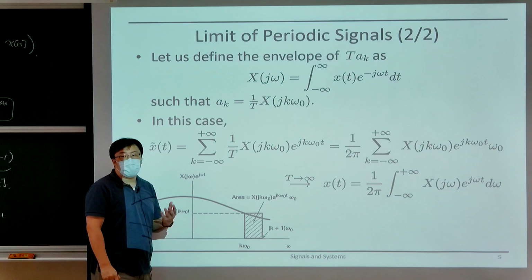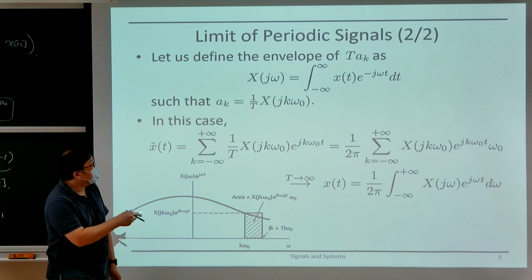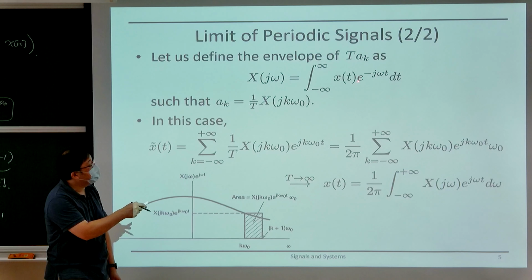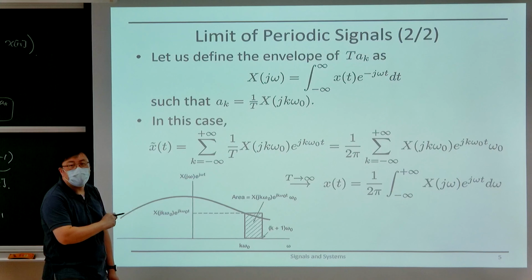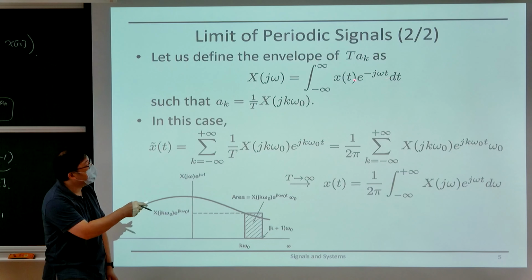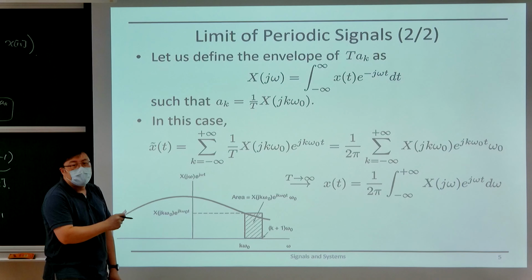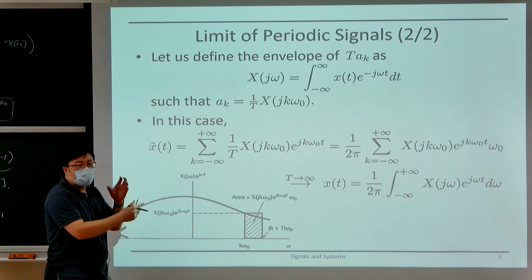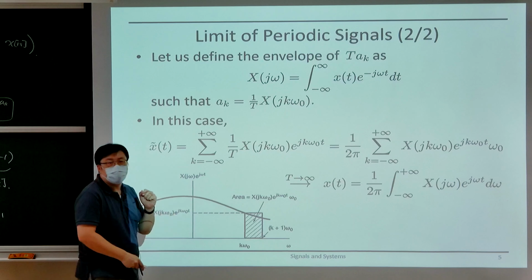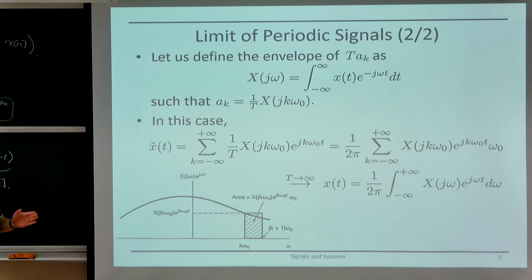So you can also view this as taking the inner product between the signal x of t and the complex exponential e to the j omega t. When you take the inner product, you would have a complex conjugate in the second part. So inner product gives you the projection of x of t onto the direction of this complex exponential.